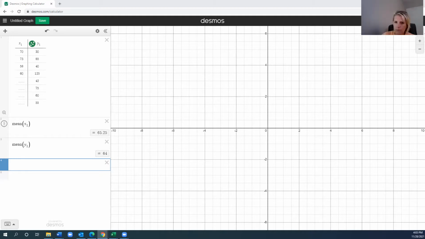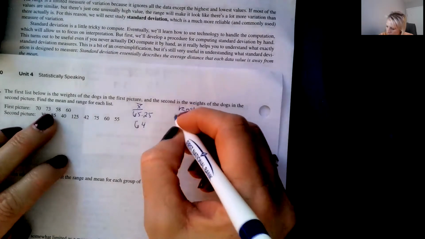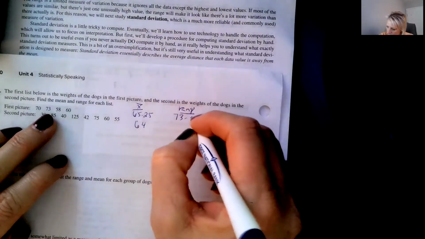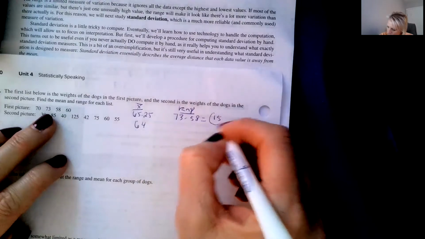And then we're going to go back and look at the range of both. The range of the first set is from the largest, 73, to 58, which is 15.